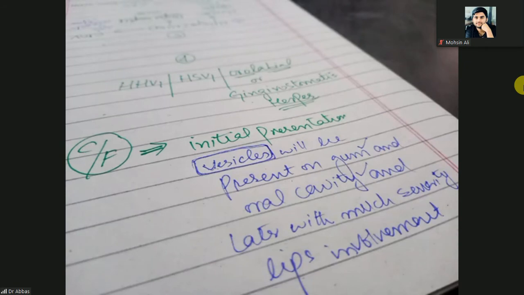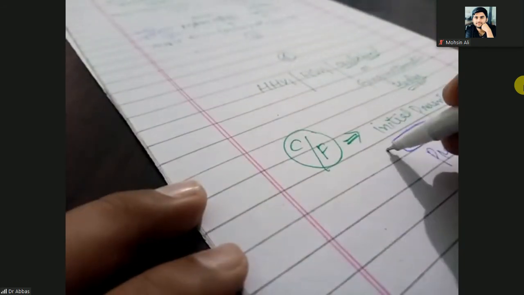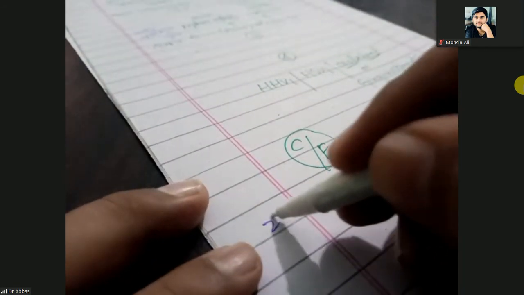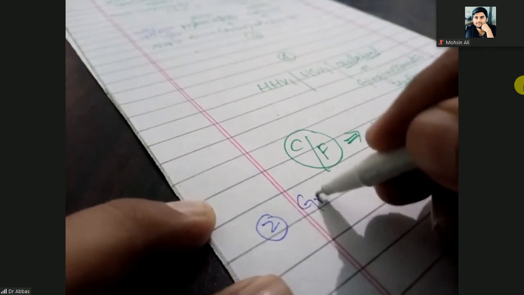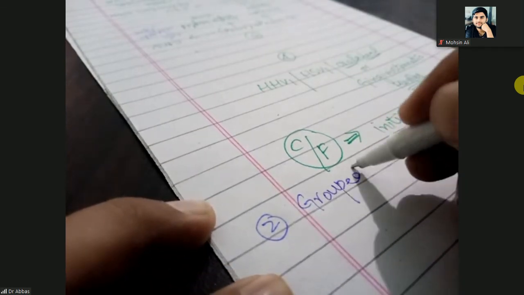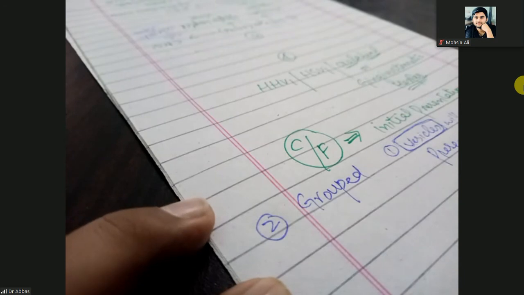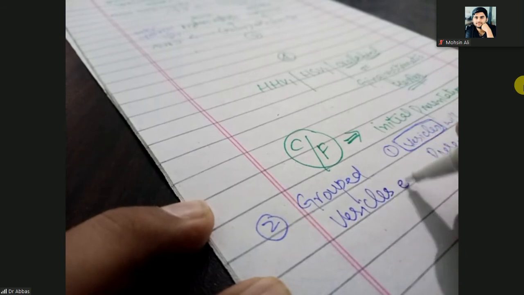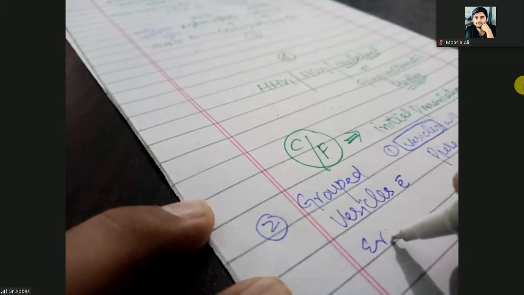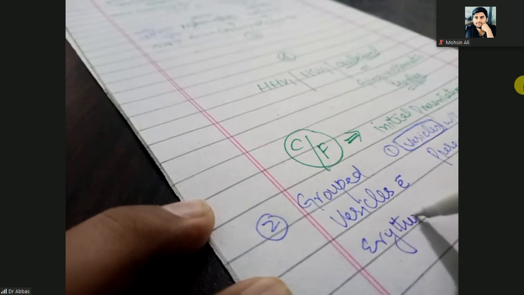So clinically, what are the vesicles? This is the first clinical presentation. Second, these vesicles are grouped vesicles with an erythematous base. A single vesicle will not be present. Fluid-filled lesions will be grouped vesicles with an erythematous base.